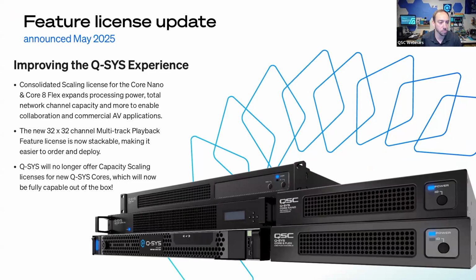Again, this is meant to supercharge the Core Nano and the 8 Flex for systems where the 24 was overkill, or you have a space constraint where you need to get closer to that Core 24 without the footprint of a full 1RU core.